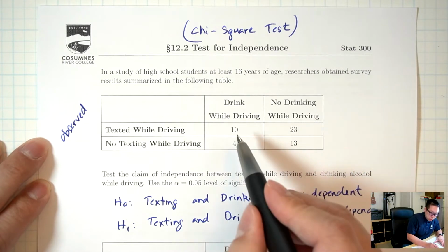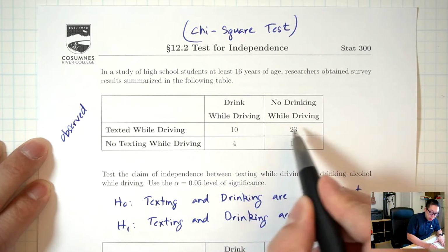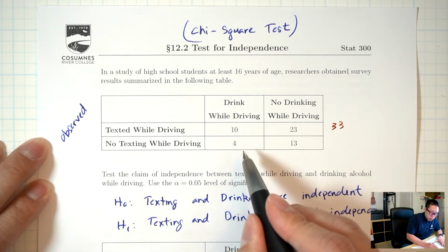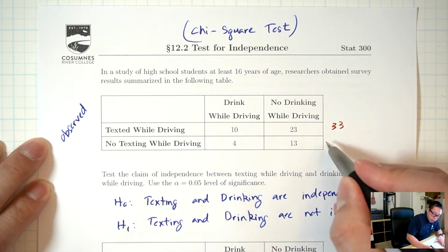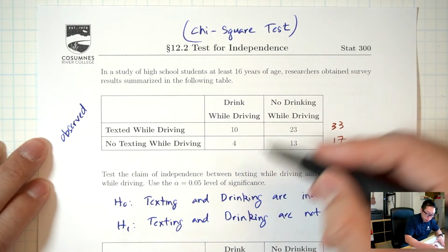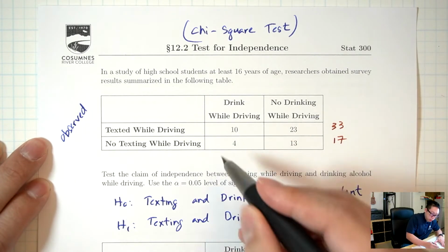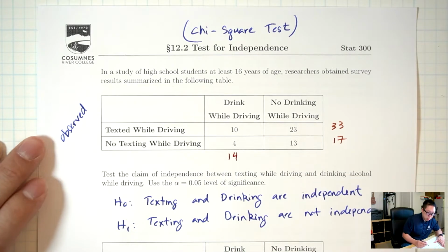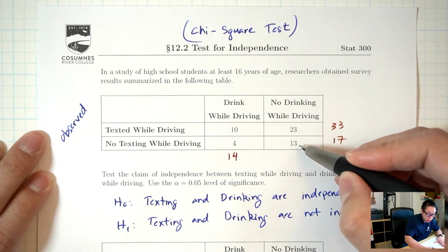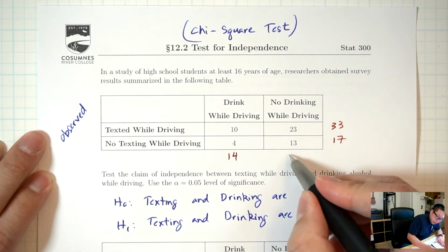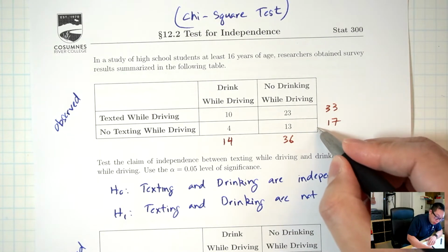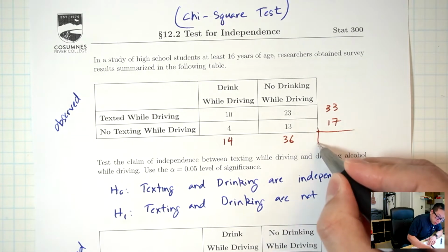The total of the first row, so 10 plus 23 is 33. The total for the second row, 4 plus 13 is 17. Those are my row totals. I also need my column totals. So 10 plus 4 is 14. That's the total for the first column. The total for the second column, 23 plus 13 is 36, I believe. And then I also need the total of everybody in the study.